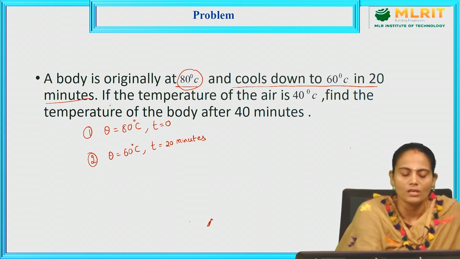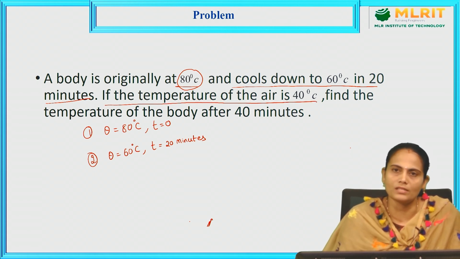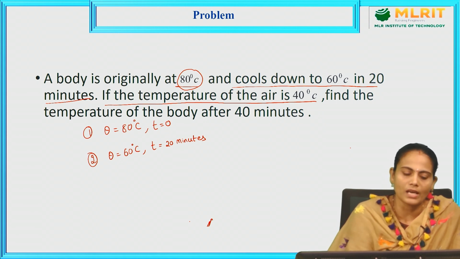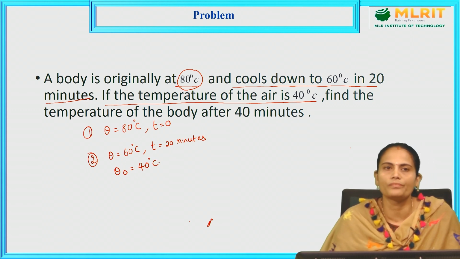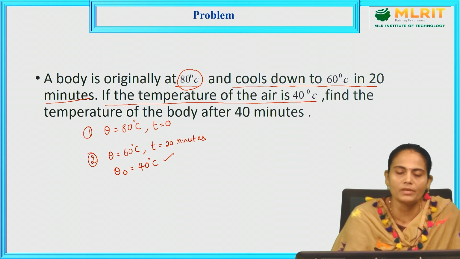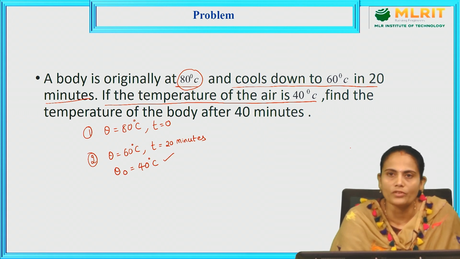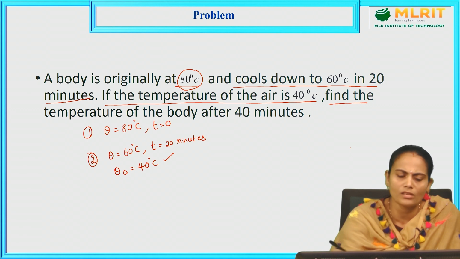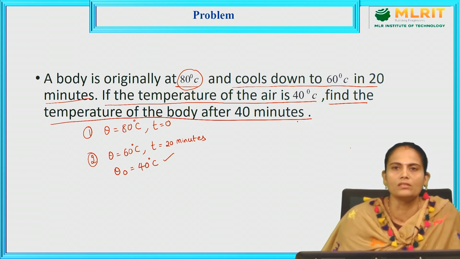Right. So if the temperature of the air is 40 degrees centigrade, that means theta naught is equal to 40 degrees centigrade. That is the air temperature, and this air temperature is a constant. And what we have to find here? Find the temperature of the body after 40 minutes.